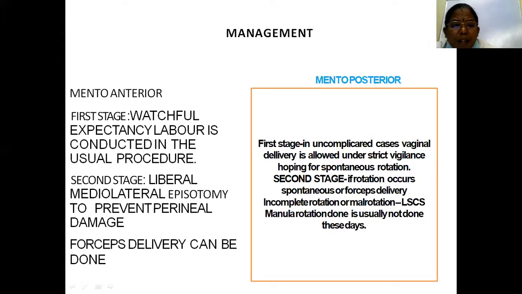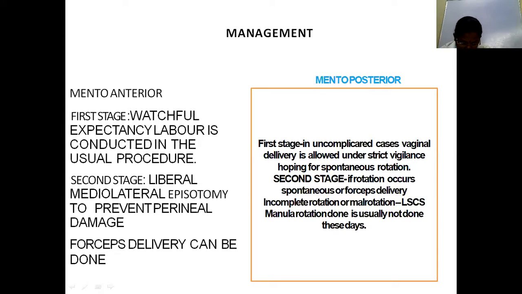So how will we manage? Management of the mento anterior position: the first stage will always be watchful expectancy. We will see the mechanism of labor in mento anterior position.